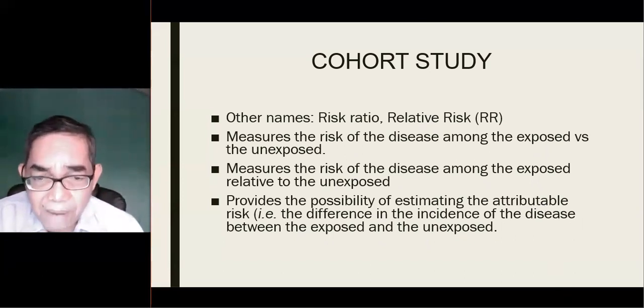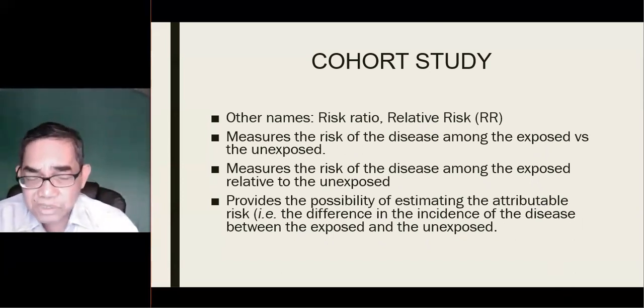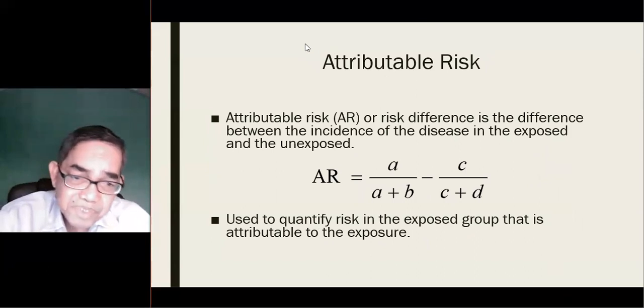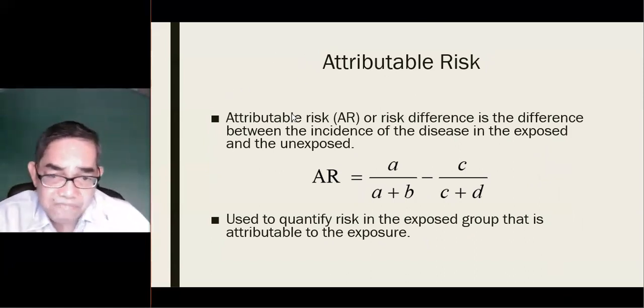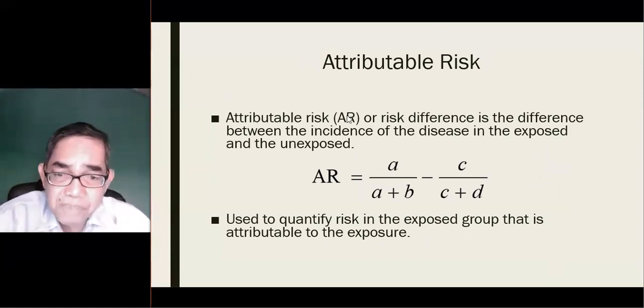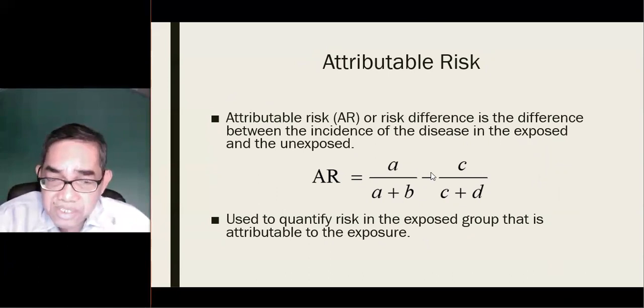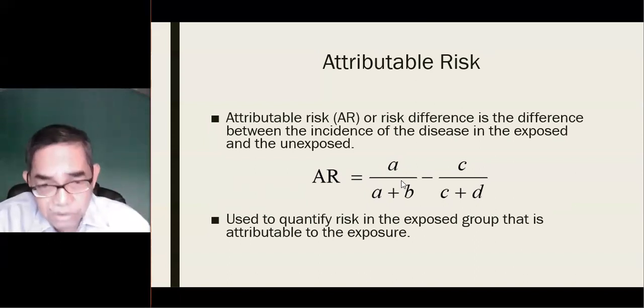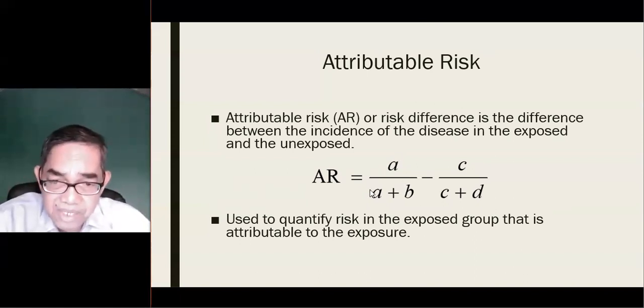And let's give an example of an attributable risk so you will understand better. Okay, so let's first give you the formula. Attributable risk or risk difference, they are the same because we are talking really of the difference in the risk of the disease, or the incidence, risk or incidence, they mean the same thing, in the exposed and in the unexposed.